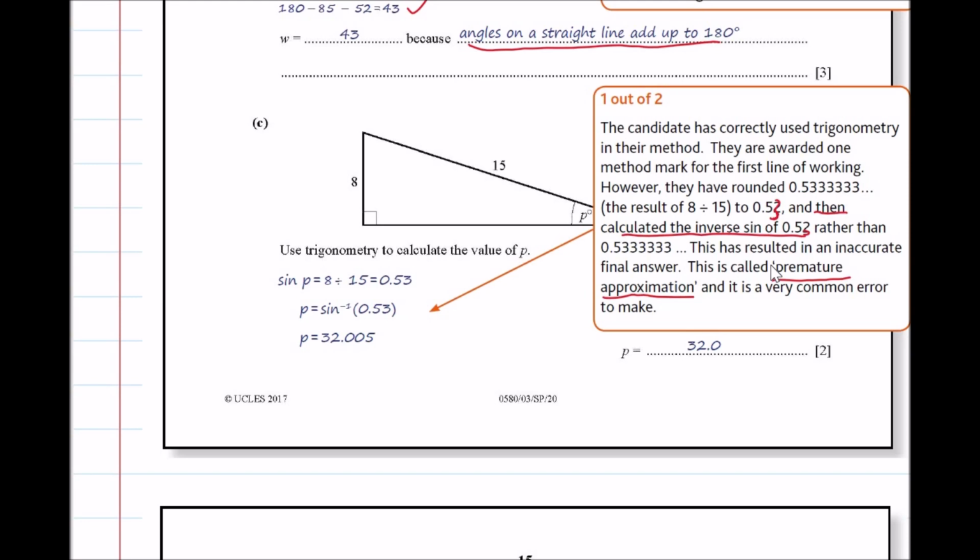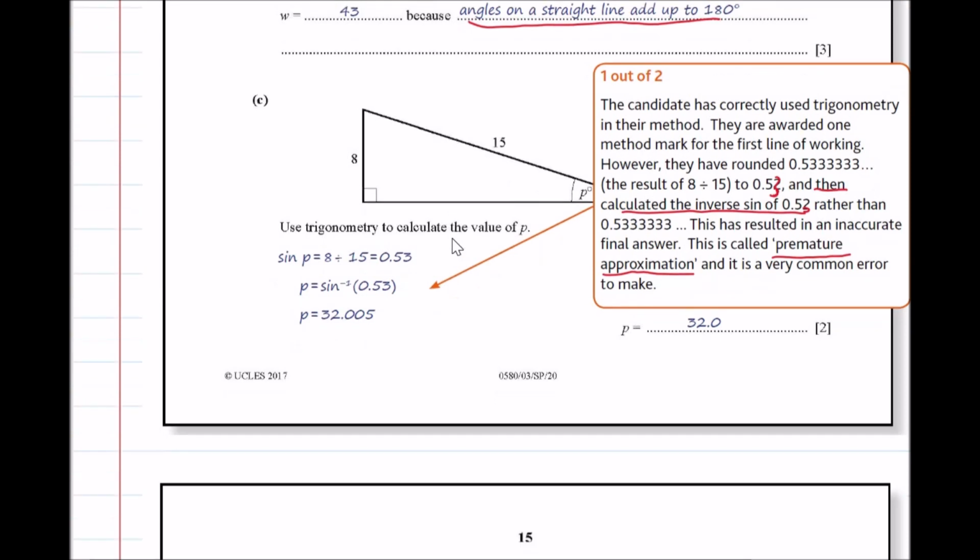Okay, so you should not round 0.5333 to 0.53 here and then get the answer. You have to take the whole answer, or what you can do is store this calculated 0.5333 in the answer key, and then take the sine inverse of the answer. So you can use your calculator wisely, and that will give you the correct answer. Okay, so you can avoid losing marks like this.